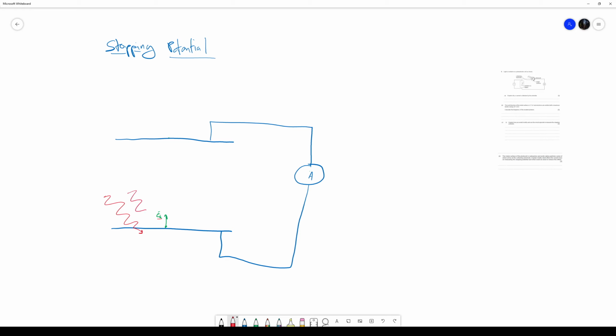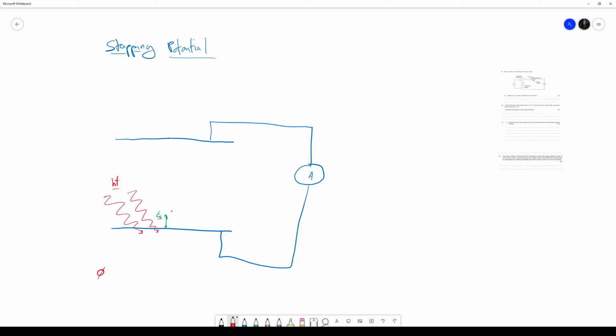Let's chuck in some photons of energy HF. So long as HF is greater than the amount of energy required to remove these electrons from the surface of the metal, which is phi, then they will leave the surface and they'll jump across this gap.